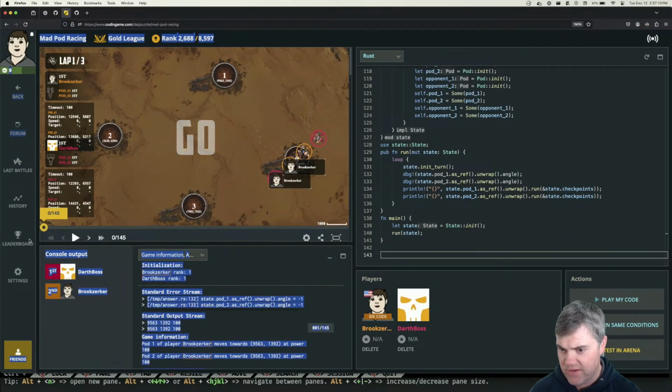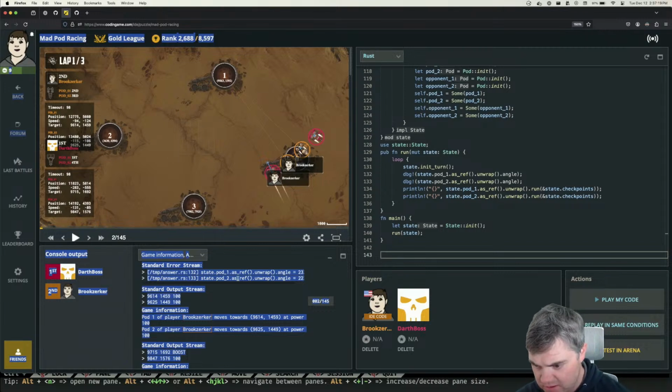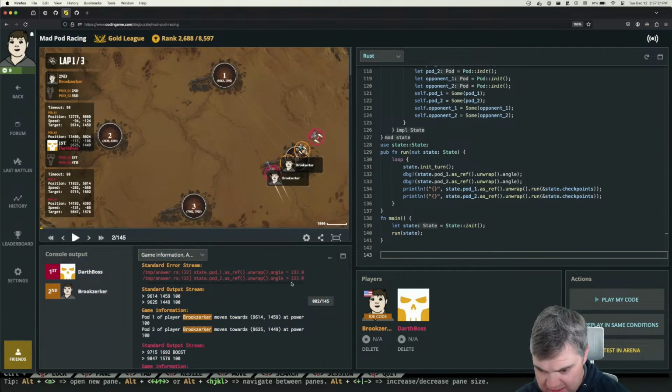Starting from the beginning of the race, I'm aiming up and left for both of them, and that is 233 and 223.